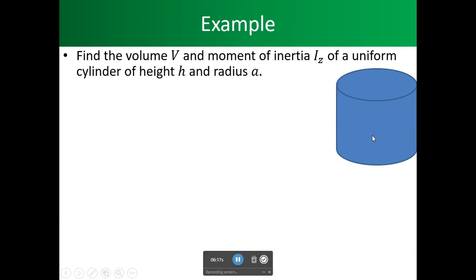So let's do an example. Find the volume and moment of inertia about z of a uniform cylinder of height h and radius a. Remember our formula for mass?